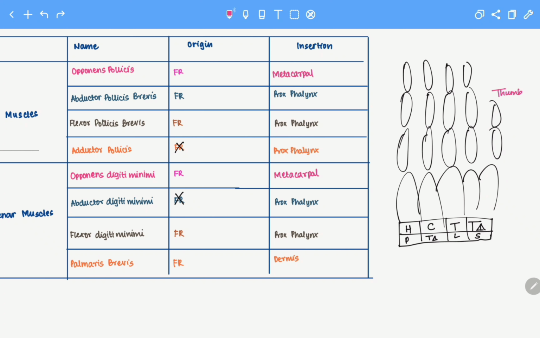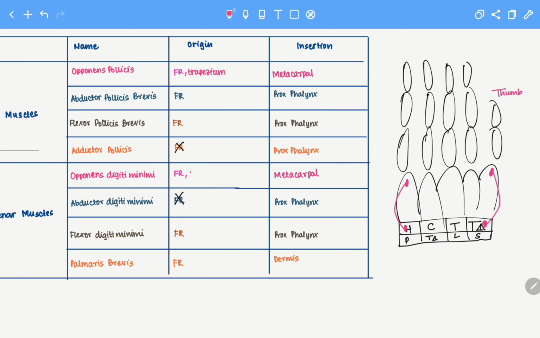So it originates on the trapezium and it inserts on the metacarpal. Because it opposes everything, it inserts on the metacarpal. So let's add that. It originates on the trapezium. The opponens digiti minimi will originate on the same line but on the digiti minimi side of it. Therefore, it originates on the hook of the hamate, inserting onto the metacarpal.